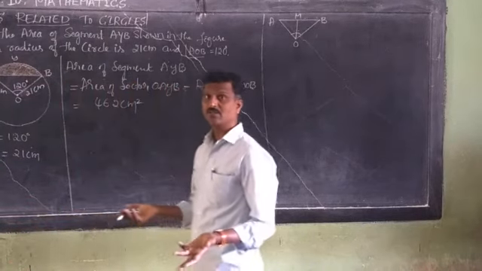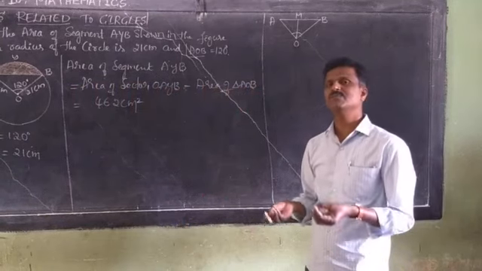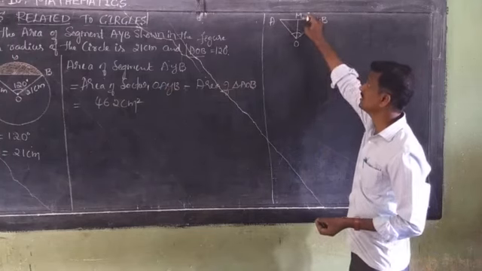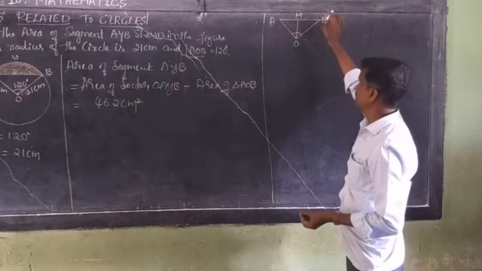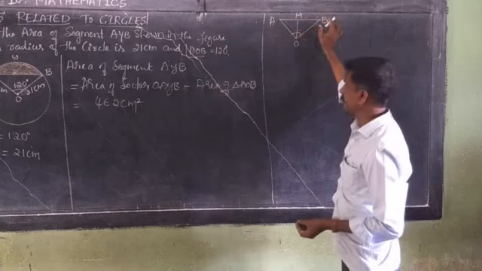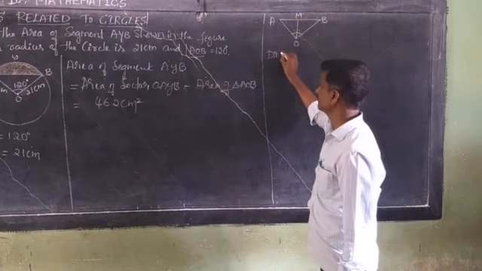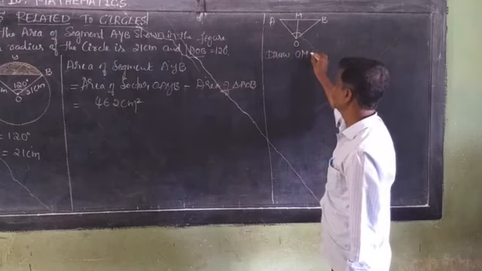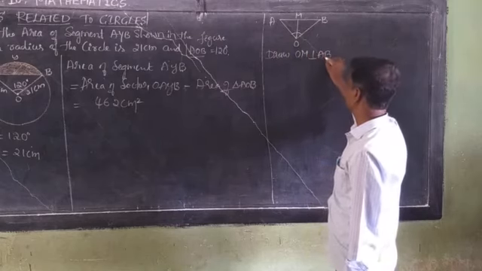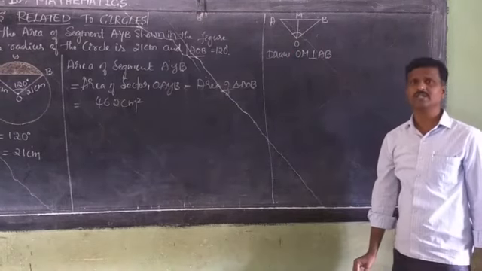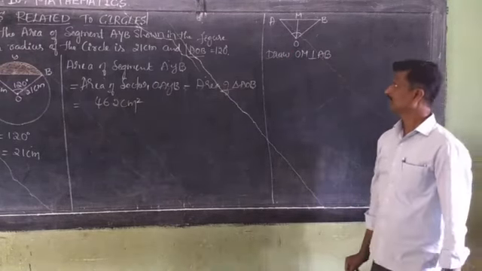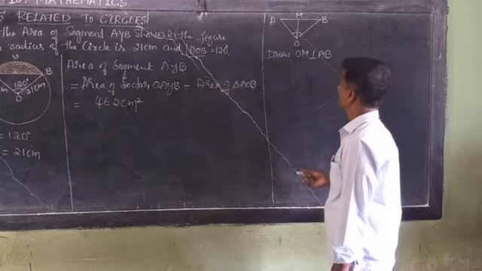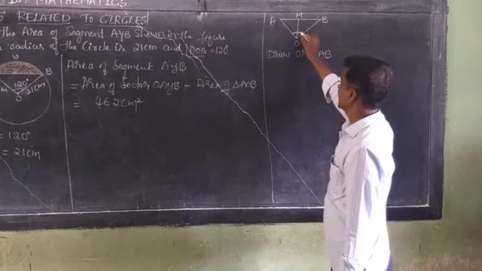Height is also not given, so we have to first find out the length of the base and the height. So for that, we have to draw a perpendicular OM to AB. After drawing OM perpendicular to AB, we have to consider here the angle is divided.